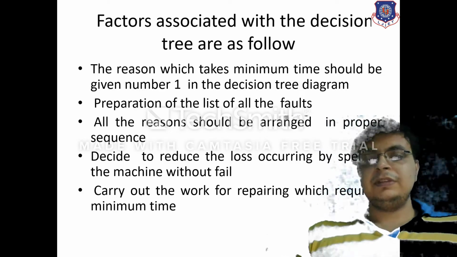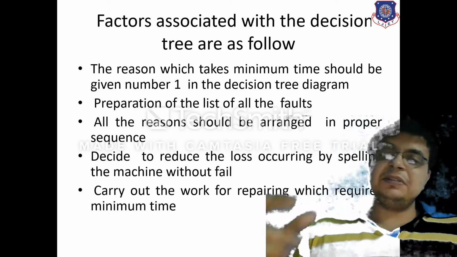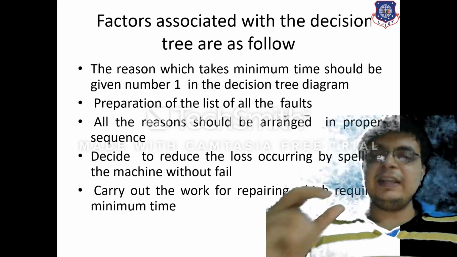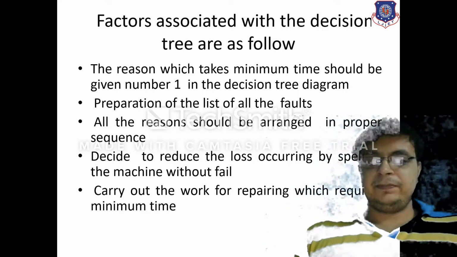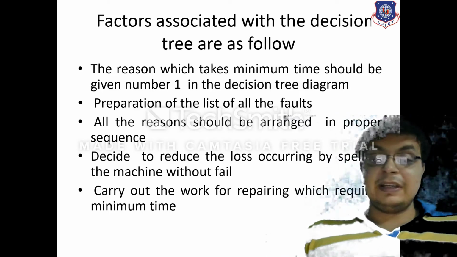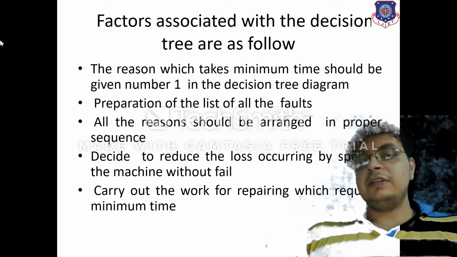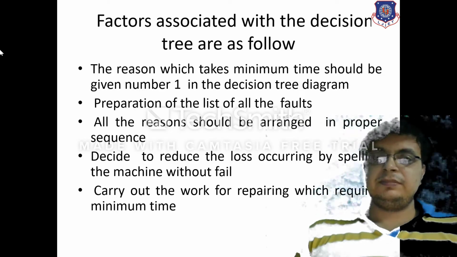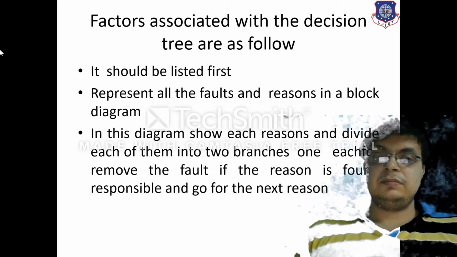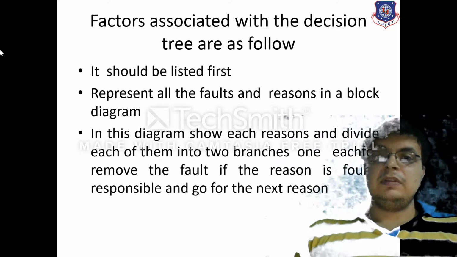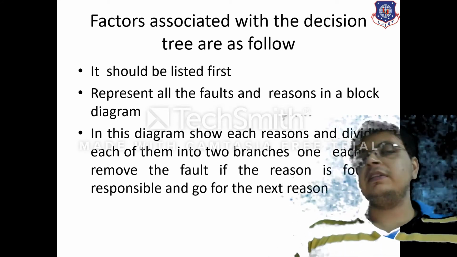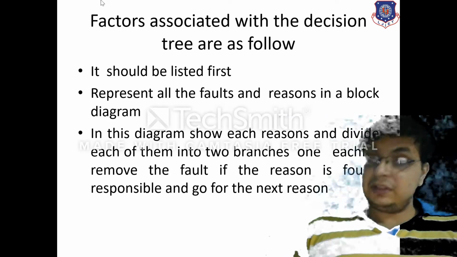You have to decide on reducing the loss that occurs by stopping the machine, so that repairing work and all the other things required are carried out in the minimum time. The reason that takes less time should be written first.